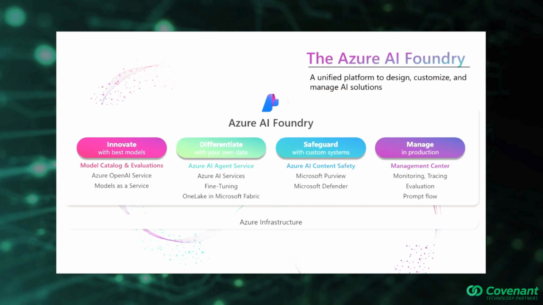From a differentiator pillar, this is the tooling that Microsoft is building on top of this. This is everything from those AI services that we were just looking at a moment ago to the ability to tie into data wherever it lives with something like Microsoft Fabric. Then we have a series of safeguards, and we'll go into this in a moment, but it allows you to have content safety.